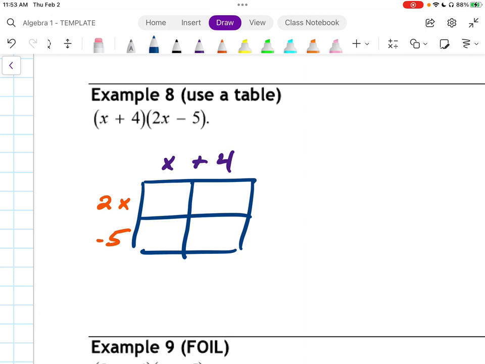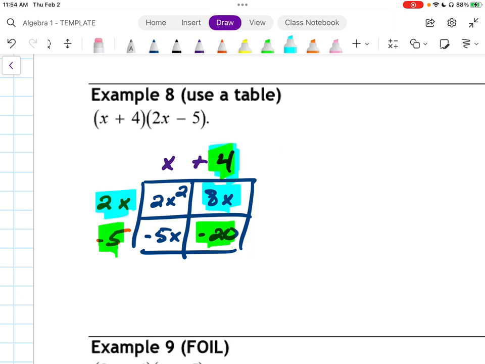So in the upper left corner, we're going to take the 2x times x to give us 2x squared. Next to it will be, what is that going to be? 8x. This will be negative 5x and negative 20. Just to reiterate, this negative 20 came from multiplying this guy and this guy. This 8x came from multiplying the 4 and the 2x.